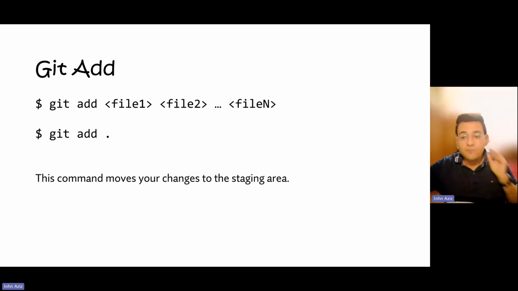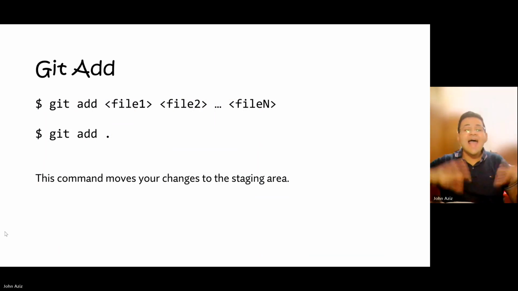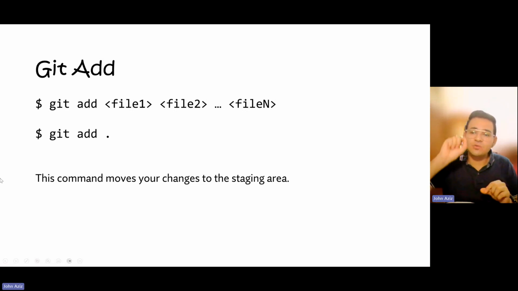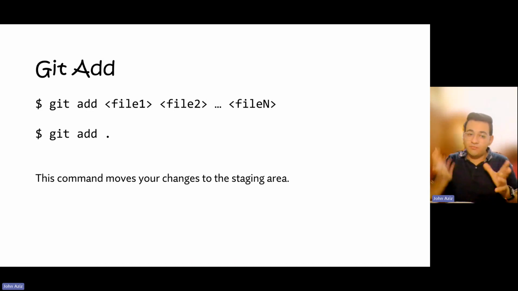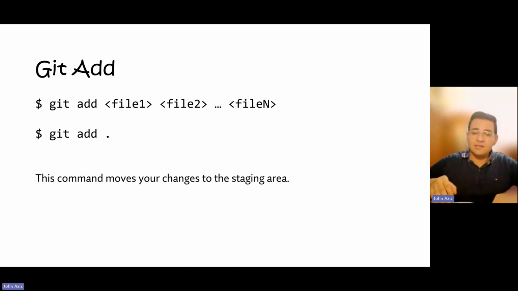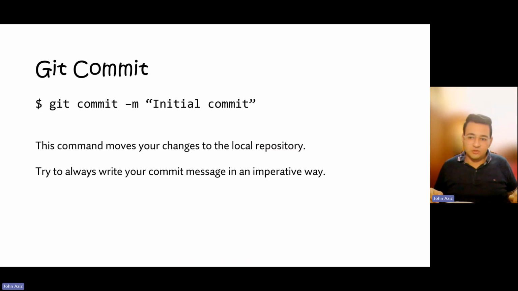Or if we are going to add all the changes to the staging area, we can use git add dot. If we add a dot after the word add, and then a space and then a dot, it's going to save all of our changes.